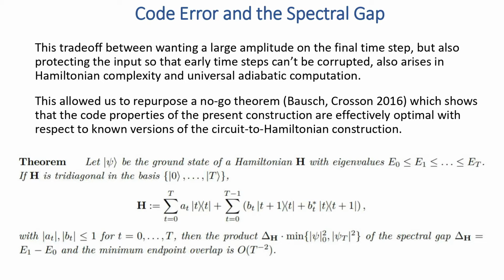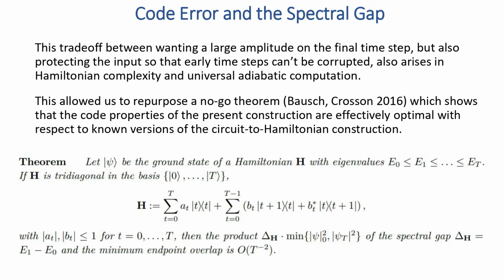So we already had a no-go theorem, which essentially says that if you have a tridiagonal matrix, that is a Hamiltonian that has this kind of nearest neighbor on a line connectivity on the clock register, then the product of the spectral gap of the Hamiltonian with the minimum amplitude on either the initial or final time step is at most O of T to the -2.